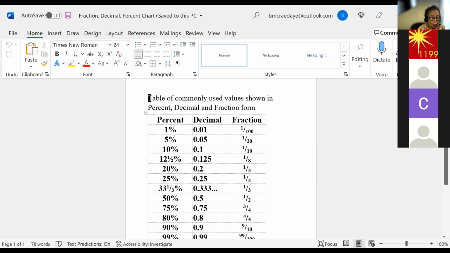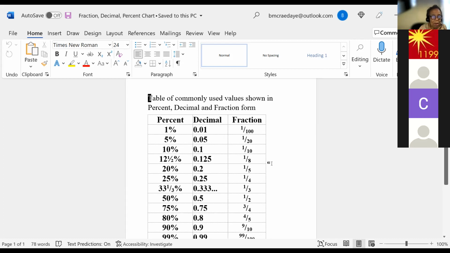So if you know 5%, 10% would just be double 5%. You don't have to remember them all. If you know 5%, you know 10, 20, 30, 40, etc. 10% is 0.1 or 1 over 10. 10 over 100 is 1 over 10. And if you know 25%, you know half of 25% is 12 and a half. Half of 1/4 is 1/8.